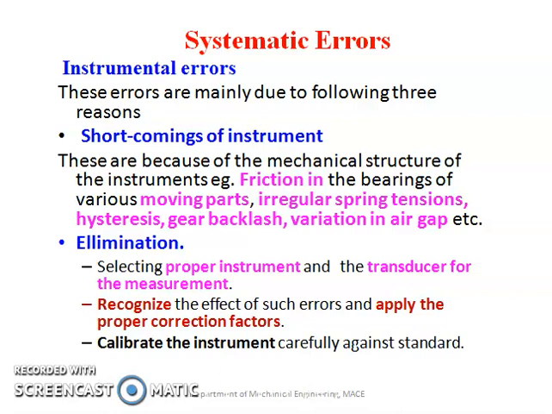They can be eliminated by selecting proper instrument and transducer for the instrument, and also to recognize the effect of such errors and apply proper correction factors. We can eliminate or control it by calibrating the instrument carefully against a standard.